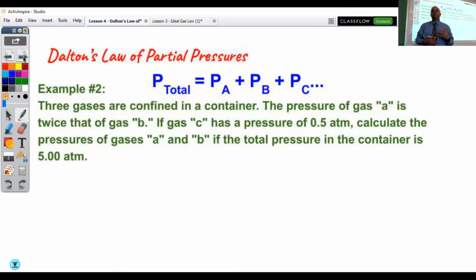In our second example, we are told that we once again have 3 gases, and they are confined to a container.